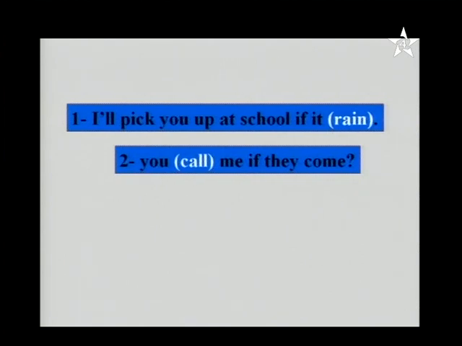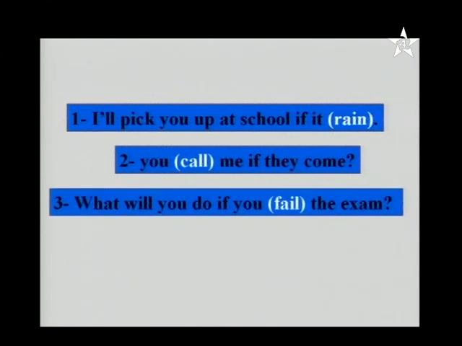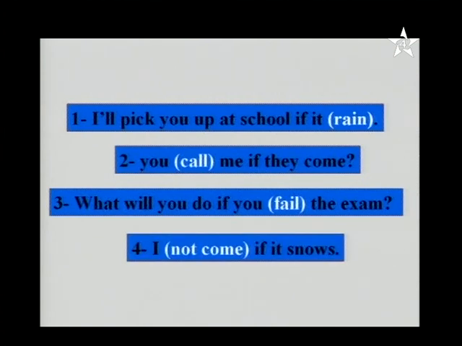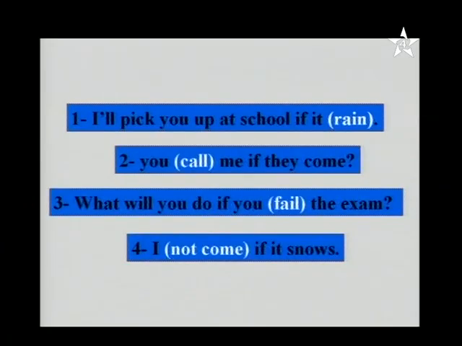It's interrogative. Number 3, what will you do if you fail the exam? And fourth example, I not come if it snows. So you can deal with it systematically, even without understanding the meaning of the sentence, so the structure is apparent.